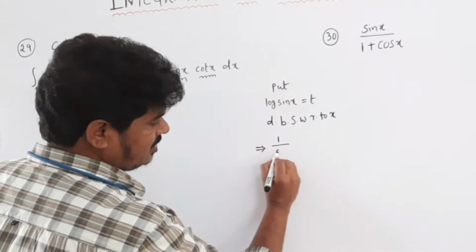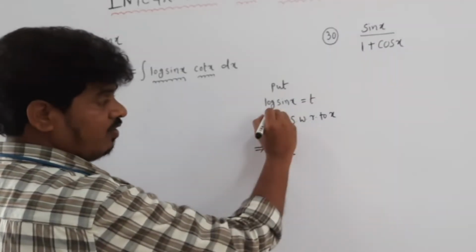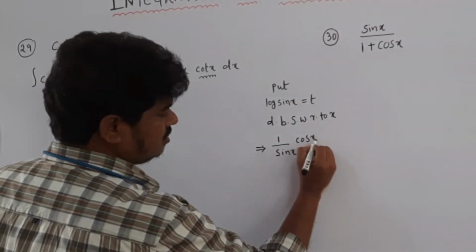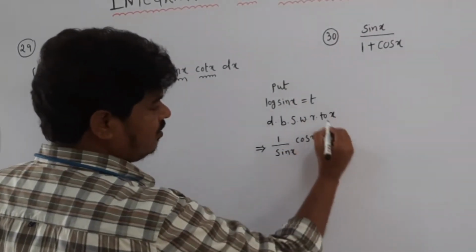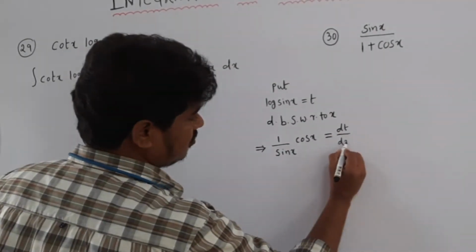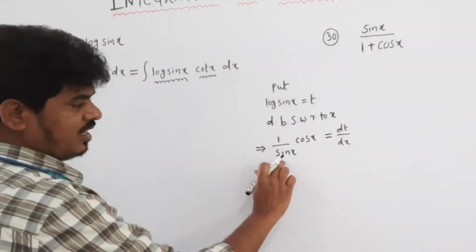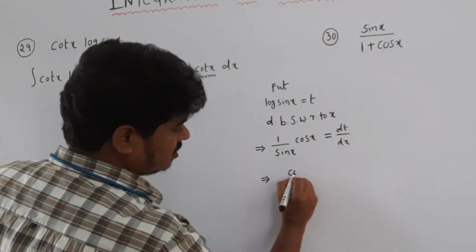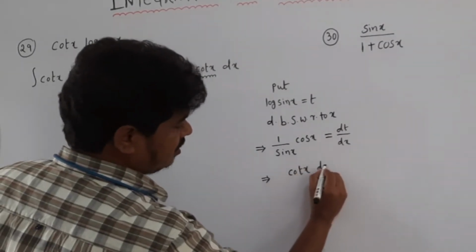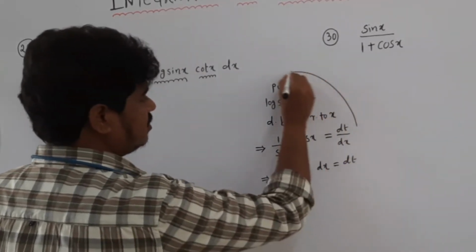So 1 by sin x into the derivative of sin x, which is cos x, is equal to the derivative of t, which is dt by dx. Now this is written as cos x by sin x, cot x. Taking this dx to the left side, cot x dx is equal to dt.